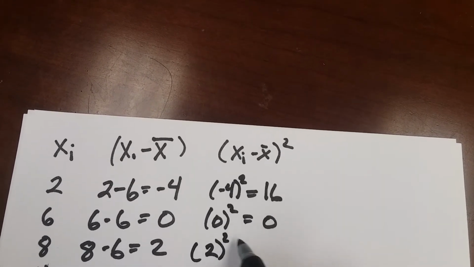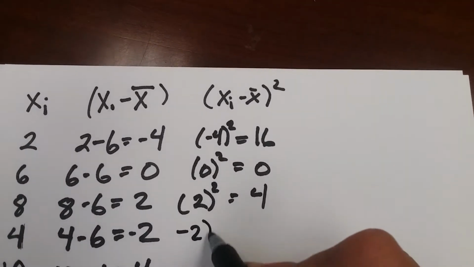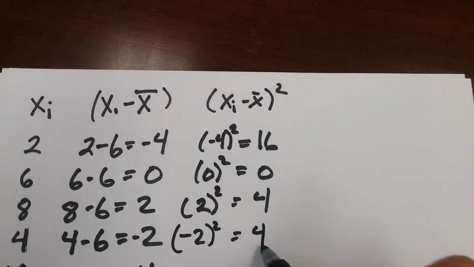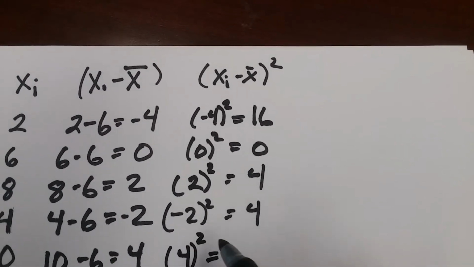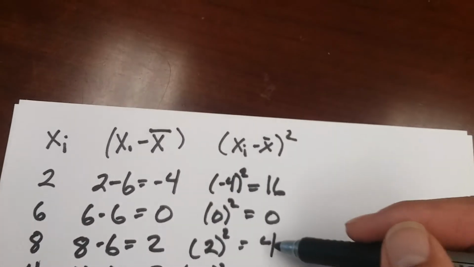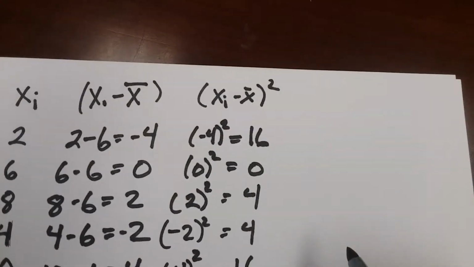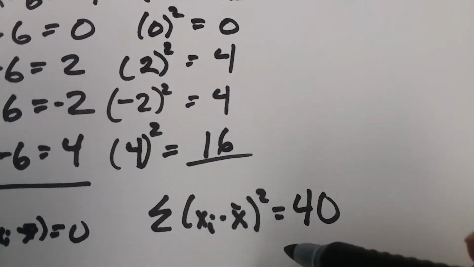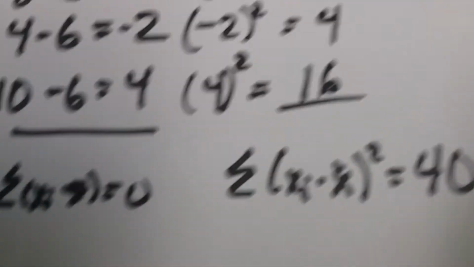Put 2 in the brackets, square it, that's 4. Put negative 2 in the brackets, square it, that's 4. And put 4 in the brackets, square it, that's 16. We sum that column up, and here I've got 40. So the sum of x sub i minus x bar squared turns out to be 40.